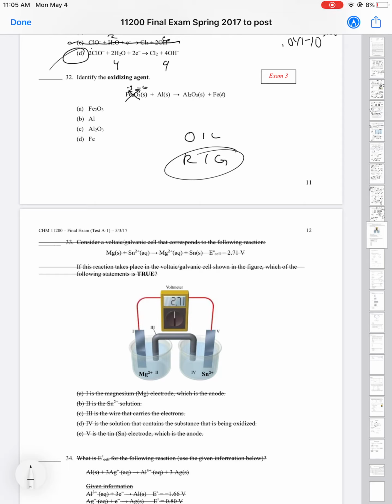So negative 6 is the total charge, divided by 2 is negative 3. So it goes from negative 3 to 0. And aluminum goes from 0 to negative 3. So it looks like the aluminum is gaining electrons and being reduced.